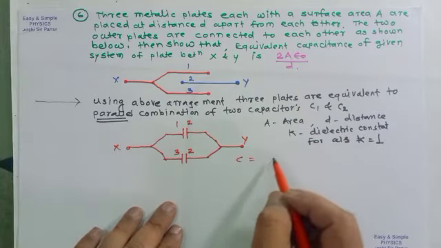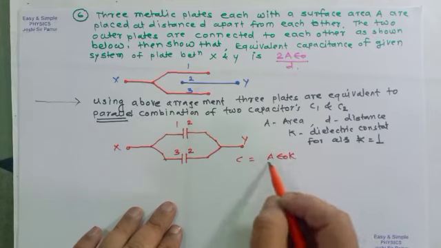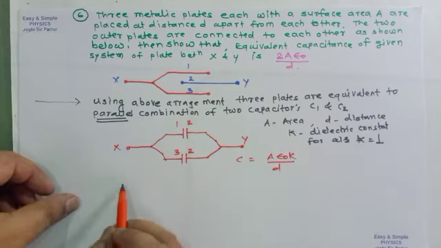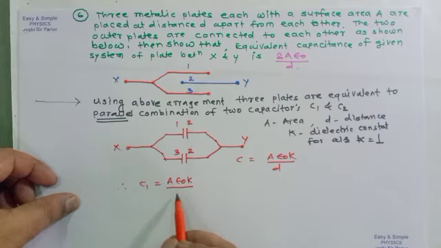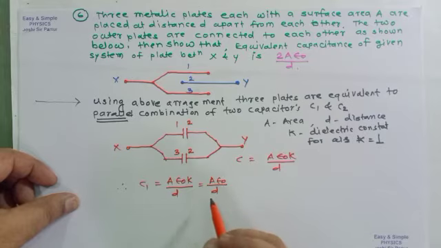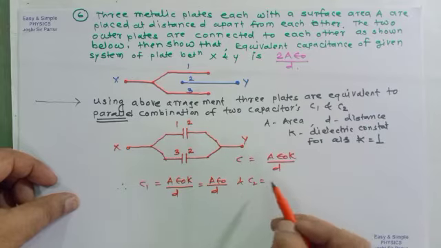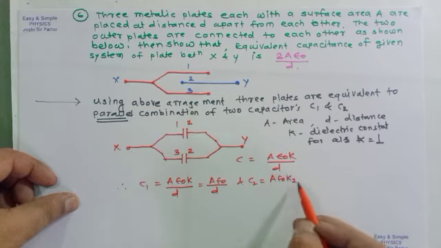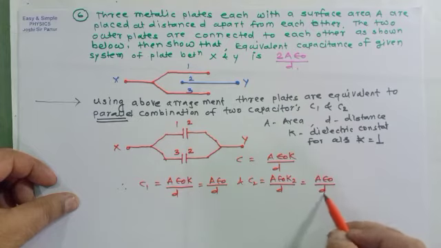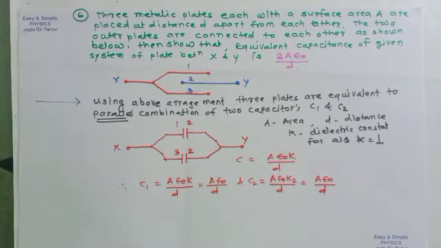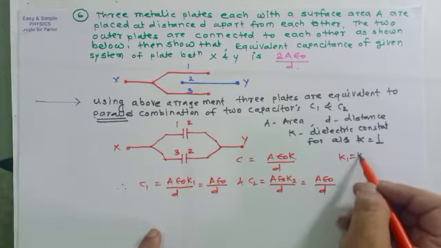We know that C equal to A epsilon 0 K upon D. For the first capacity, C1 is A epsilon 0 K1 upon D, or A epsilon 0 upon D, and C2 will be A epsilon 0 K2 upon D, which is equal to A epsilon 0 upon D, because K1 and K2 both have value 1.